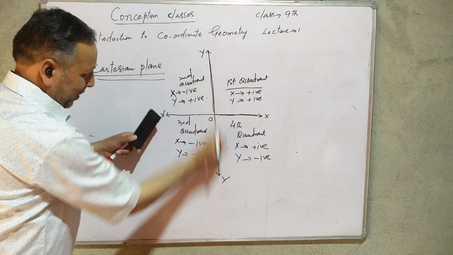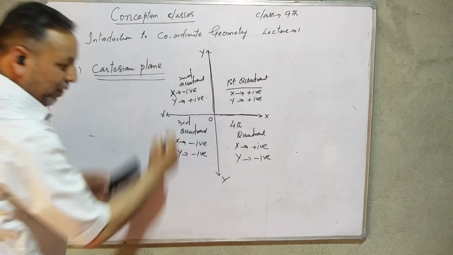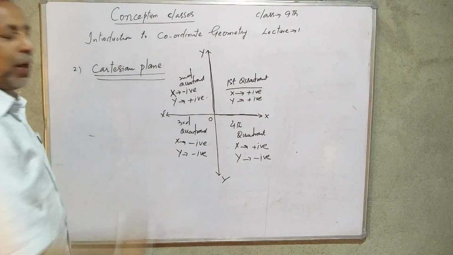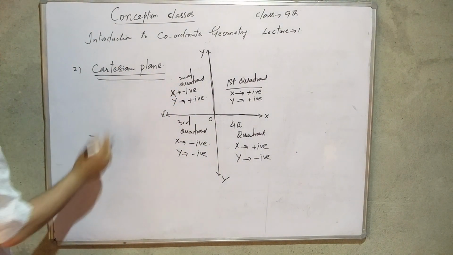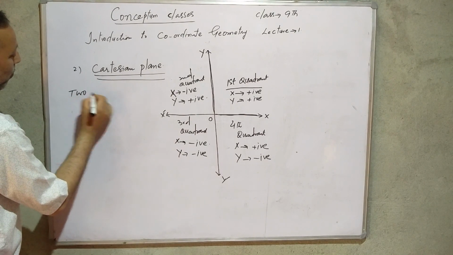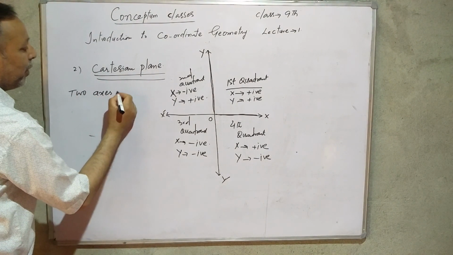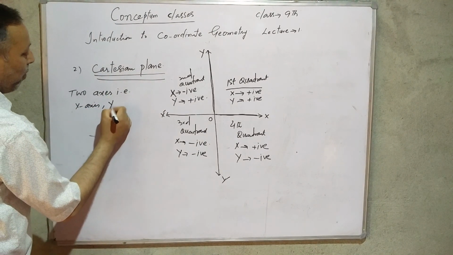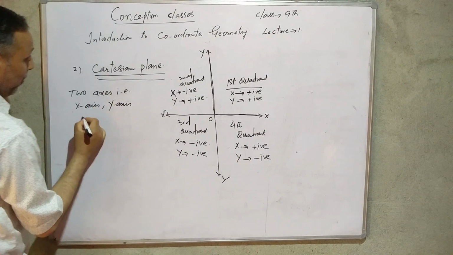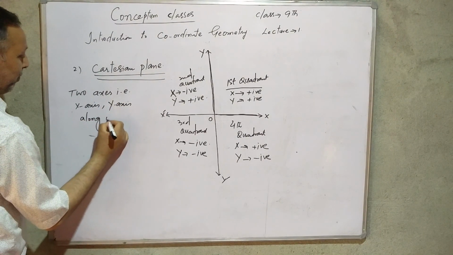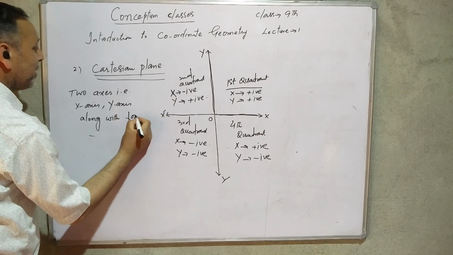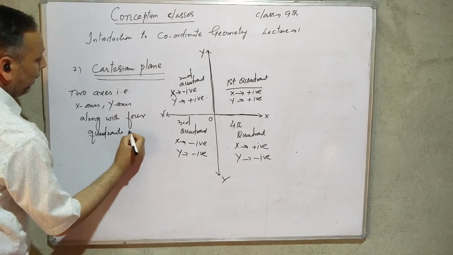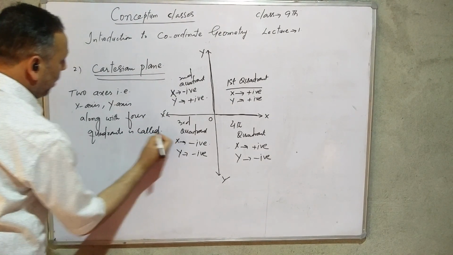These two axes, the x-axis and y-axis, along with these four quadrants, are known as the Cartesian plane. So what is the Cartesian plane? Two axes, that is the horizontal x-axis and the vertical y-axis, along with four quadrants, is called a Cartesian plane.